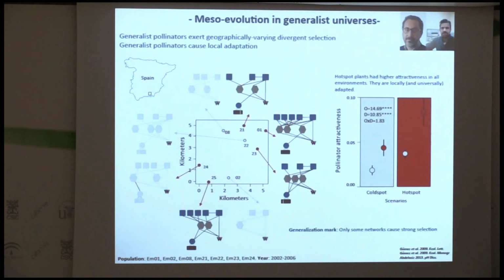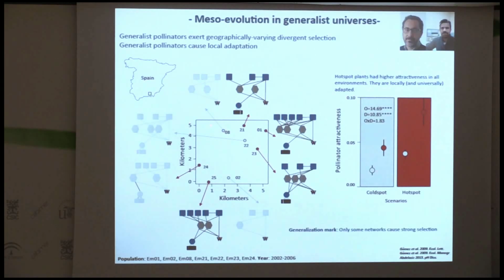Because if we go to the next dogma in generalist systems, that is, that there is spatial geographic variation in the abundance of different functional groups of interacting organisms, what we found is the possibility for a geographic mosaic of natural selection and coevolution to occur even in generalist systems.